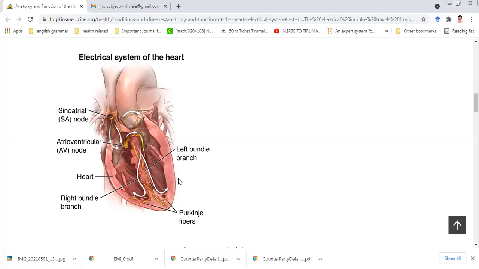I mentioned this in the first class. The graph or the waveform is called an electrocardiogram. The instrument used to measure the heart's electrical activity is called an electrocardiograph.